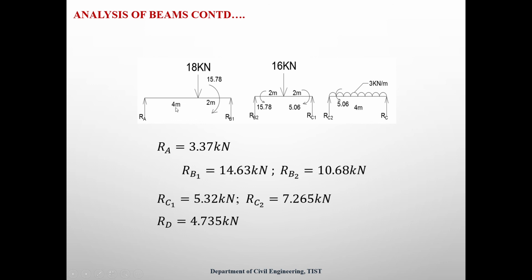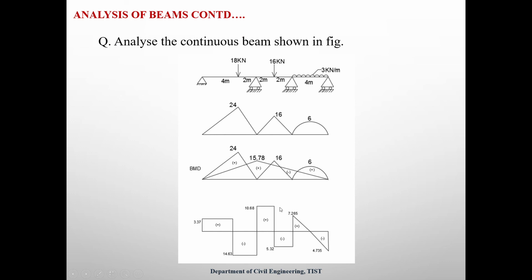Then consider all the external loads and the moments. Then apply the equations of equilibrium in order to find all these reactions and mark all the upward forces in the upward direction and all the downward forces in the downward direction. That means this is your shear force diagram. Okay, thank you.